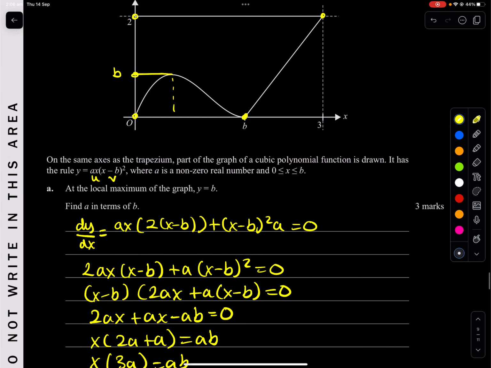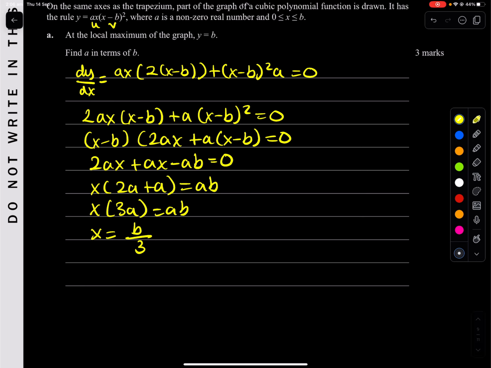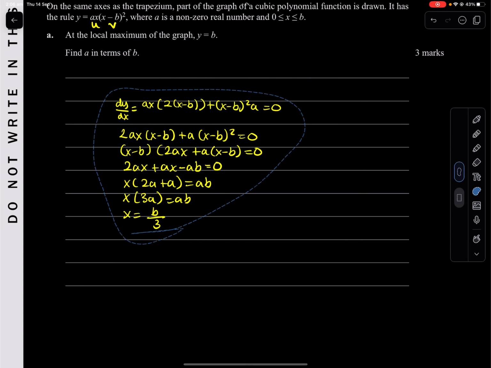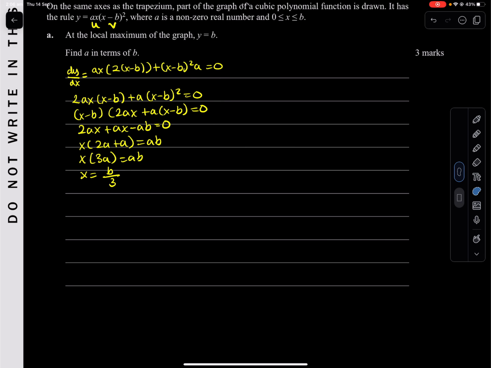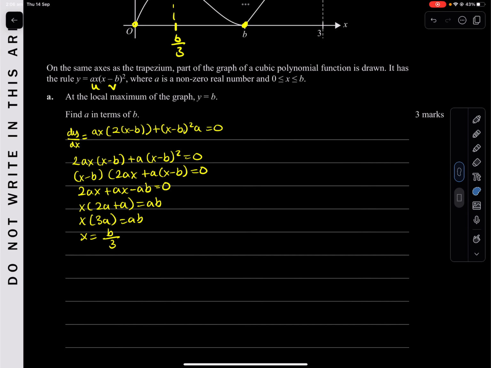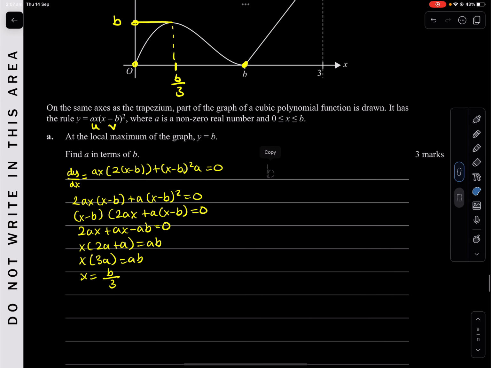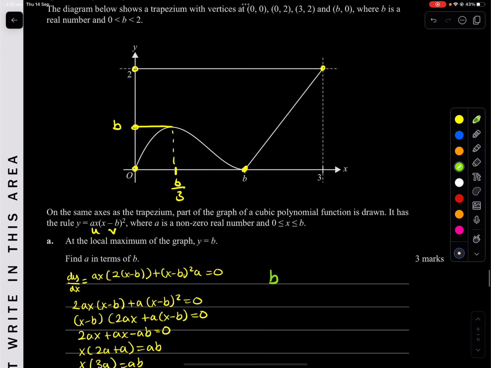So this value over here is b on 3. Knowing this, I'm just going to make this little because it's too much working out. So we know that when y is b, this coordinate here is now b on 3, b.